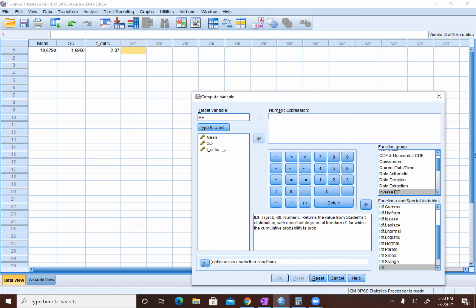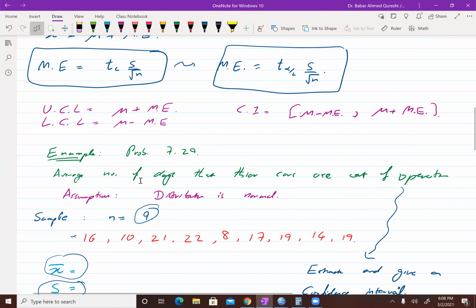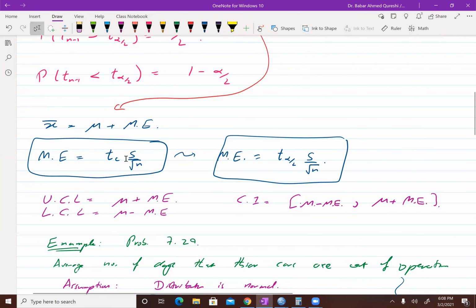So margin of error is just equal to T critical. Here is the formula: T critical times S over under root n.